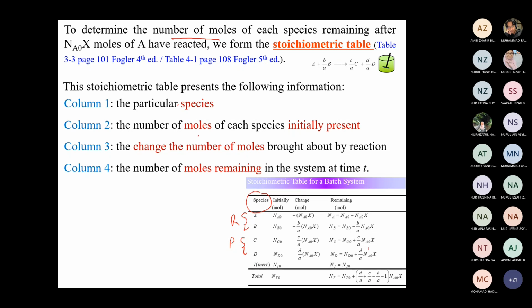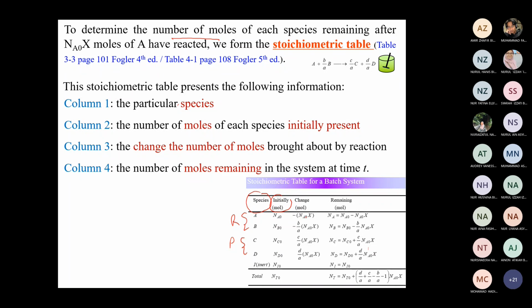Then we have column number 2, which represents the initial value, the initial moles. So we have NA0, NB0, NC0, ND0. Even though this is 0, you just put it first. And we have the change.